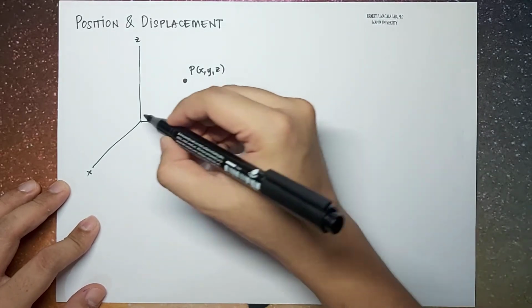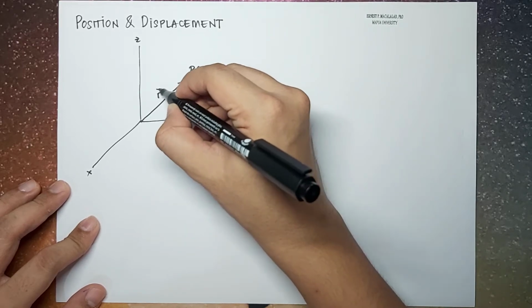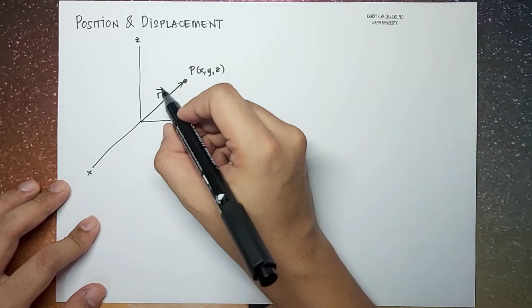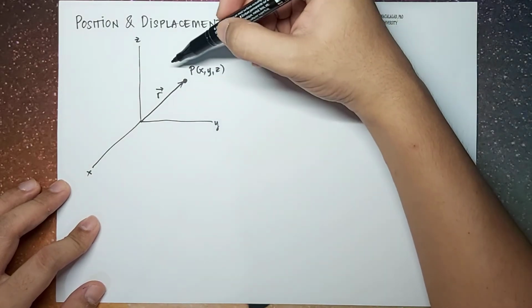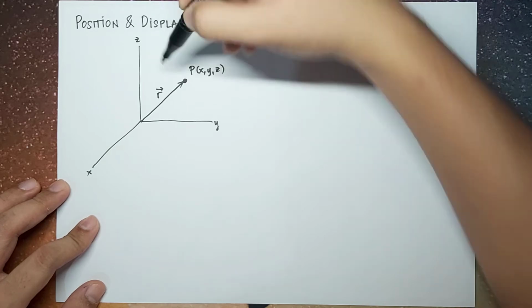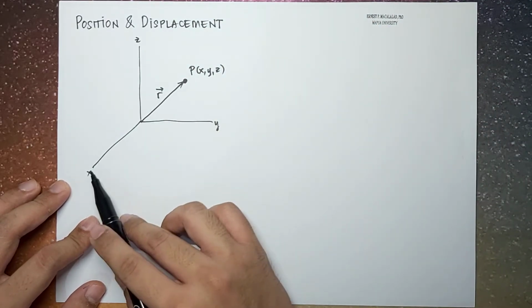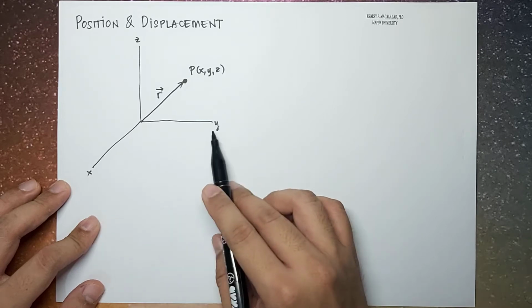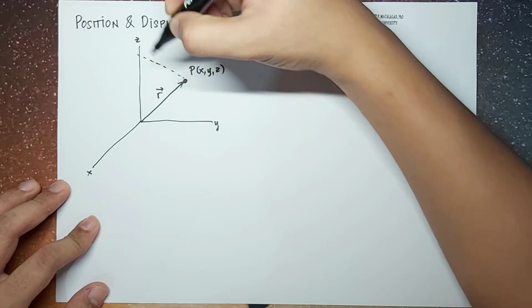The position vector r is given by this vector, and it is usually written as r with the vector sign. If we're going to set the projections of the position vector in the x, y, and z coordinate system, we can draw it like this.